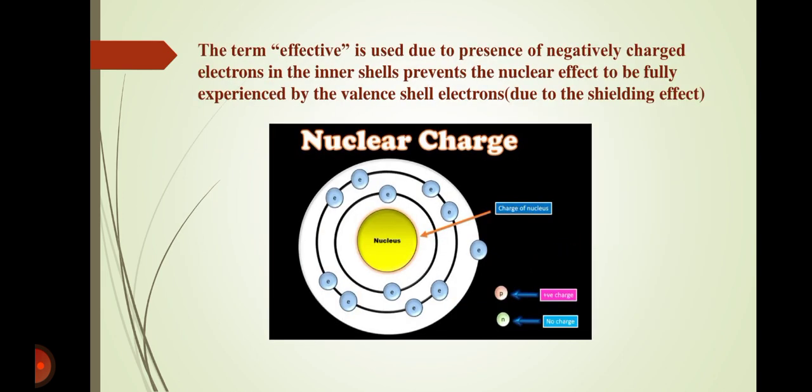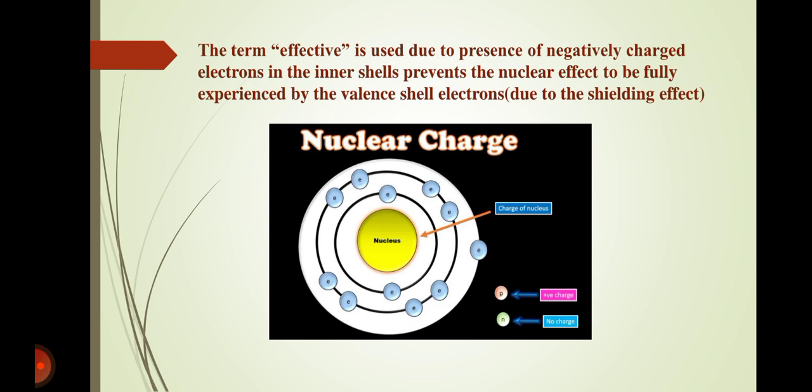The term effective is used due to the presence of negatively charged electrons in the inner shells, which prevents the nuclear effect to be fully experienced by the valence shell electrons, because we know that due to inner shell of electrons the valence electrons experience the positive charge less as compared to inner shell electrons, because inner shell electrons act as a shield, that is also called shielding effect.